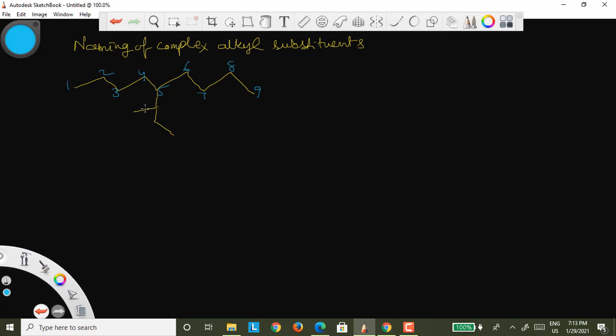Now this becomes the substituent. How to name the substituent? This substituent has 1, 2, 3, 4 carbons, so it is isobutyl or secondary butyl, the common name. In the IUPAC name, you have to give it like this: whichever carbon is connected to the parent chain should be given 1.